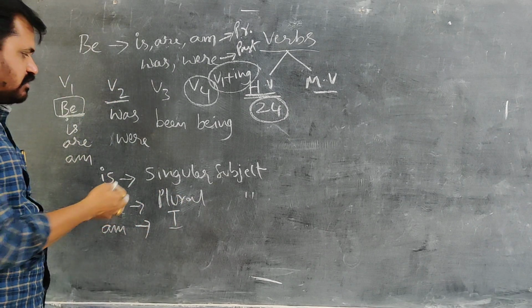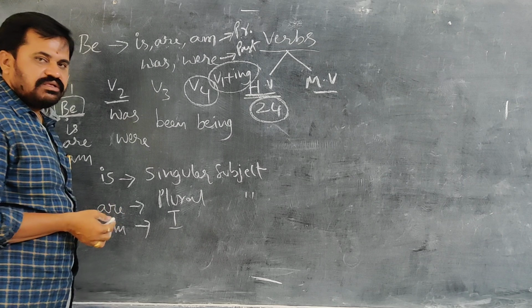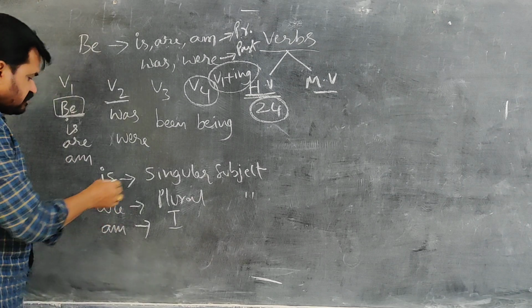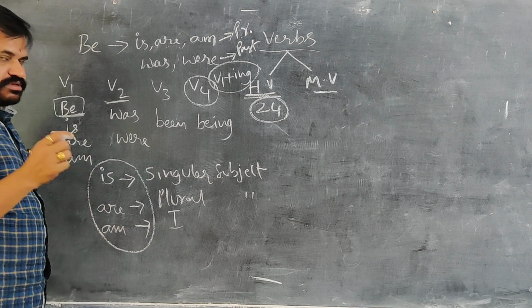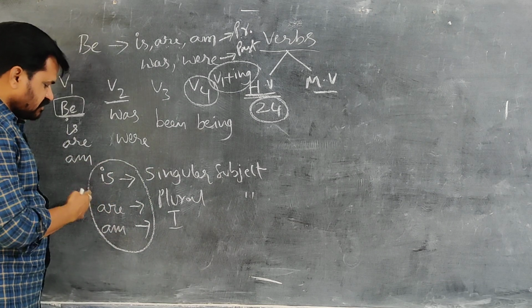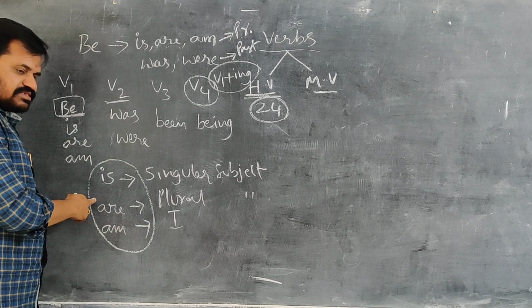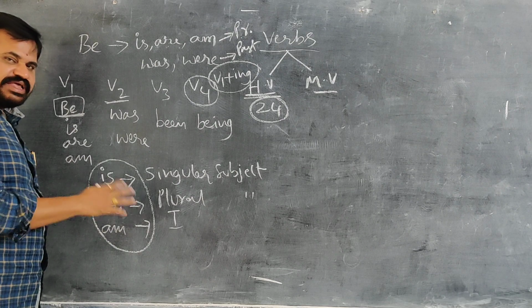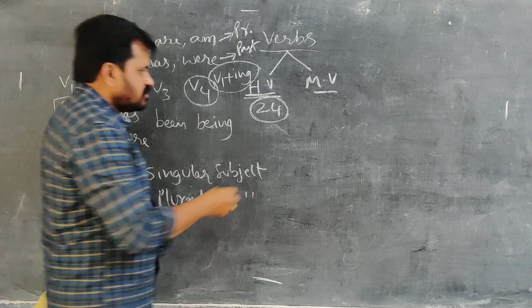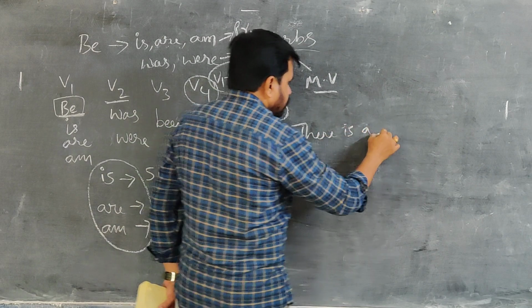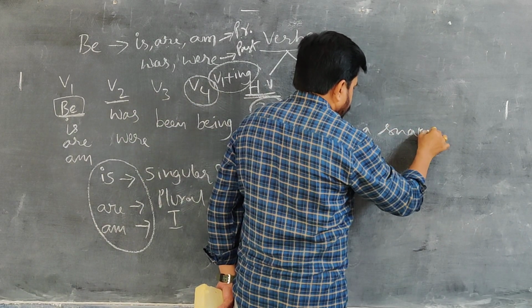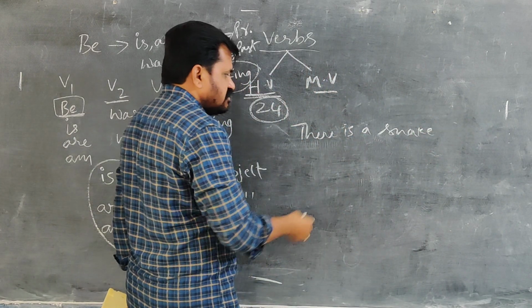You know very well about all these things most probably. And before that explanation I say, you can use these helping verbs directly in a sentence, like there is a snake in the grass or something. There is a snake.